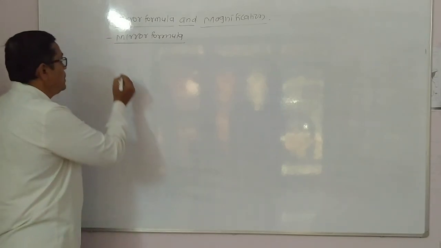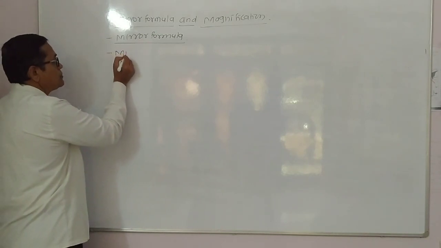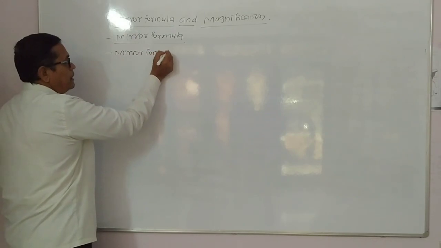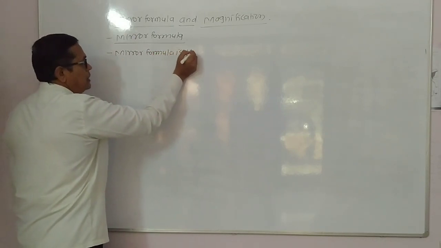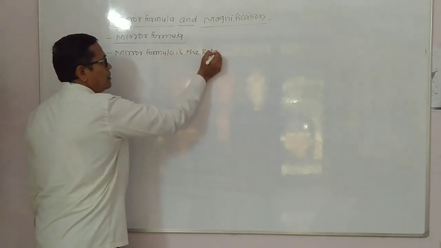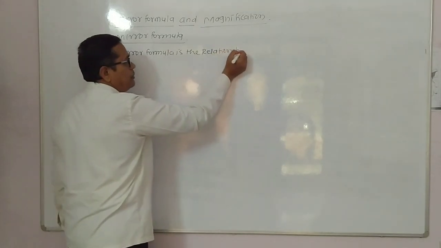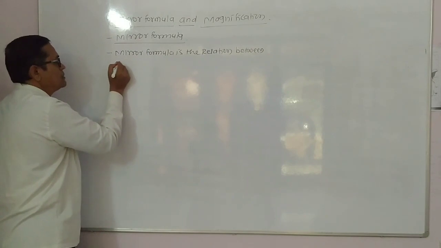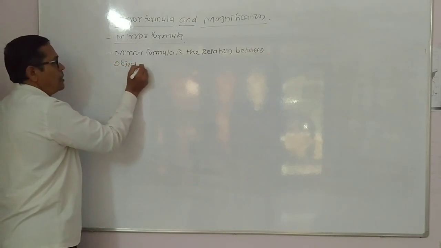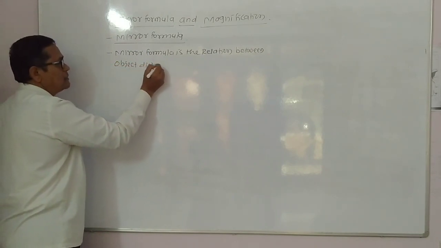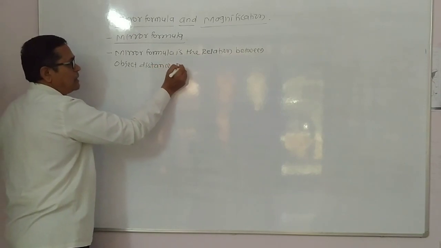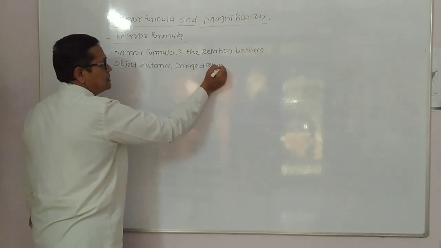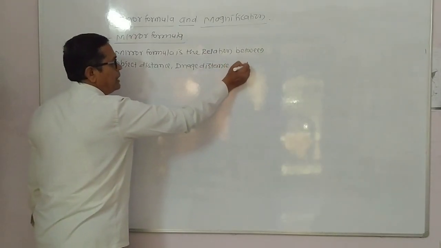Mirror formula is the relation between object distance, image distance and focal length.